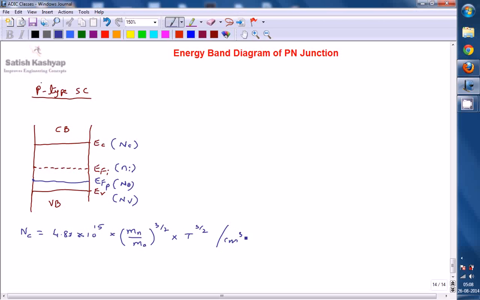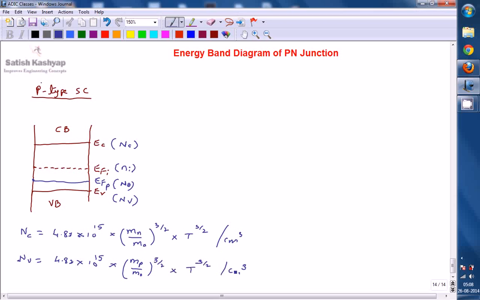Similarly, Nv is the effective number of energy levels present in the valence band. Its value can be written as 4.82 into 10 power 15 into (mp divided by m naught) to the power of 3 by 2 into T power 3 by 2 per centimeter cube.